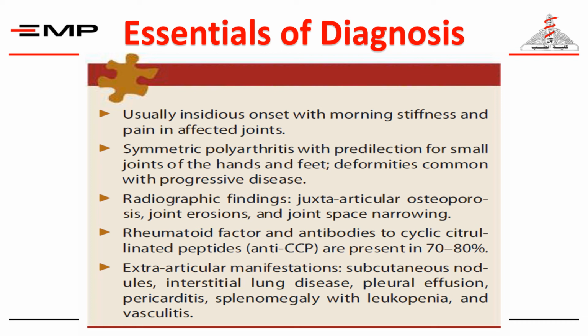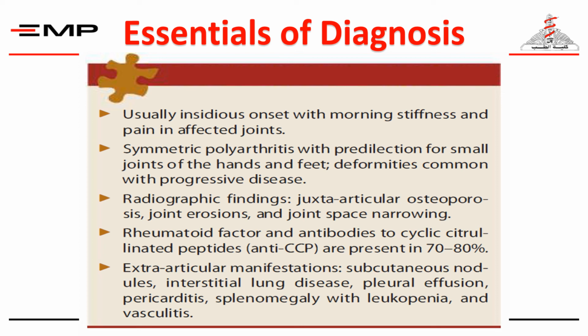Lastly, to sum up the essentials for diagnosis, rheumatoid arthritis usually has insidious onset with morning stiffness and pain in the affected joints, symmetric polyarthritis with predilection of small joints of the hand and feet, deformities common with progressive and chronic disease, radiographic findings like juxta-articular osteoporosis, joint erosions, and joint space narrowing may be observed.